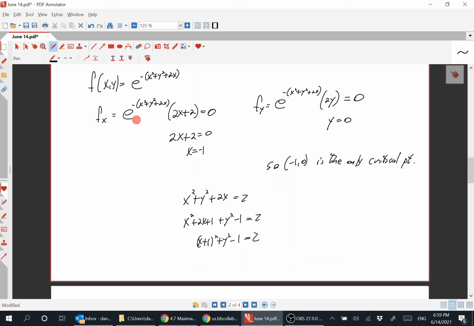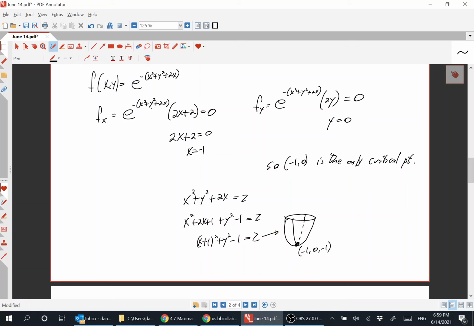And the paraboloid looks like this. So that's -1, 0, and then the z coordinate is going to be -1 at that point. Right, so that's what this surface is.